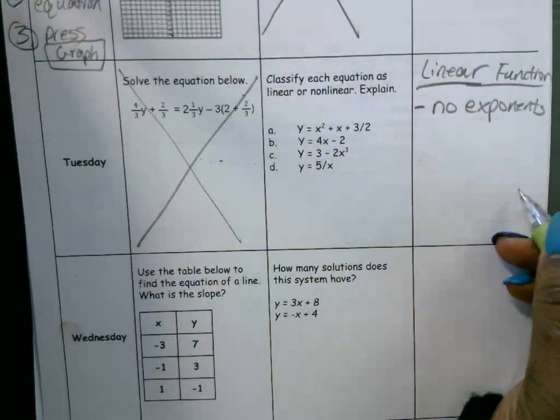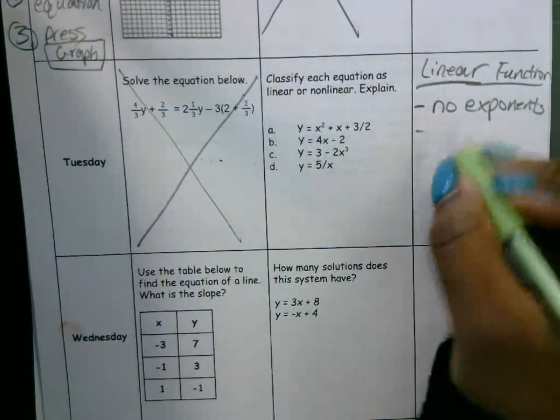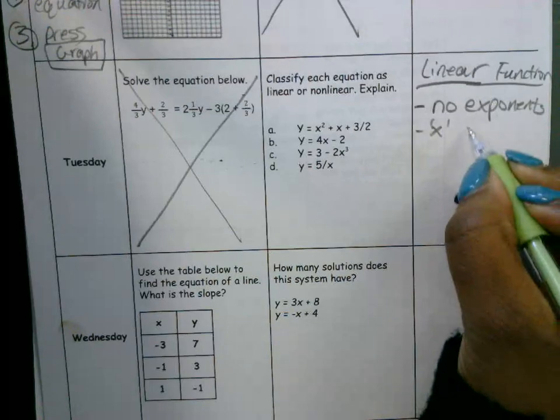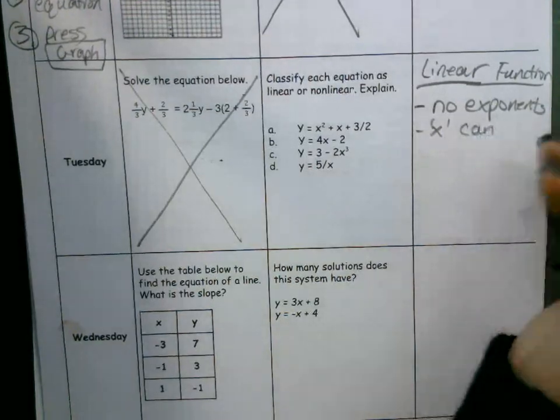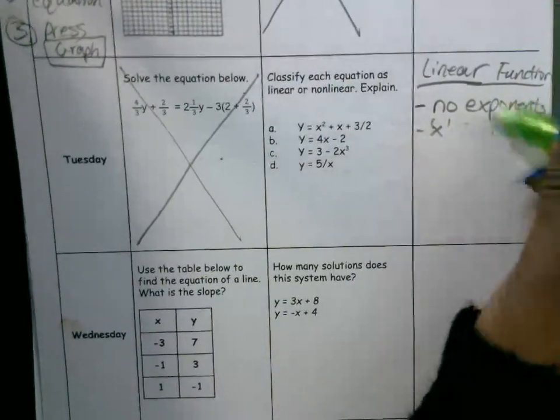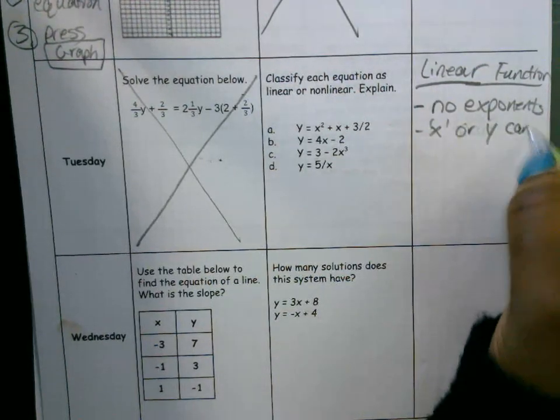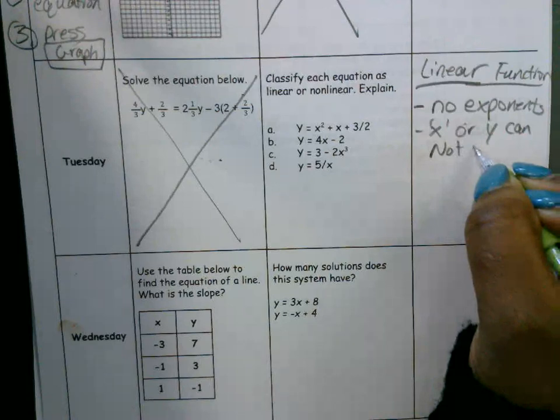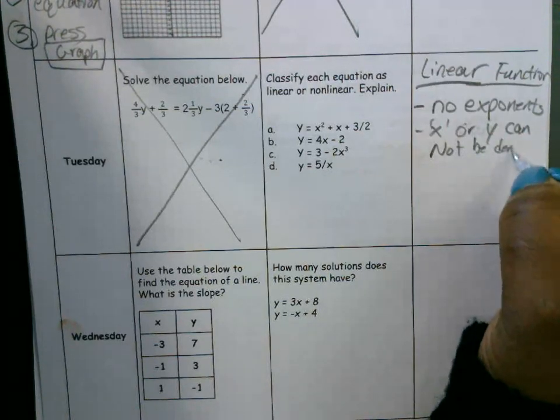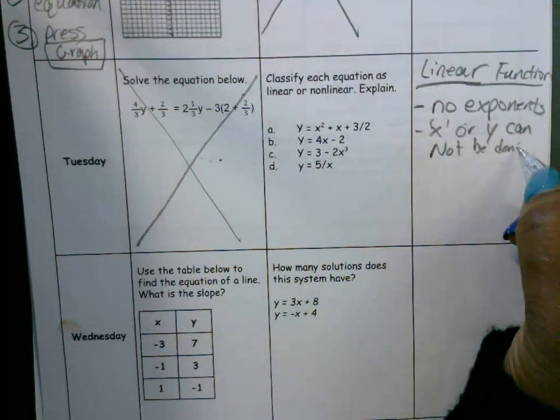No exponents. X cannot be a denominator. X or Y, really, can't be on the bottom of a fraction.